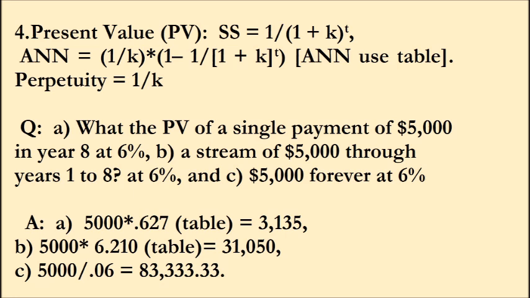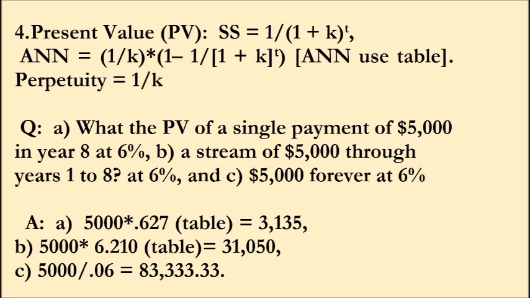Annuity table, usually greater than 1 but less than the number of years, we get $31,050. For the perpetuity, going on forever, we don't use the table, we divide by the discount rate. In this case, we get some $83,000-odd dollars, and we can check that because 6% of it gives back the $5,000.